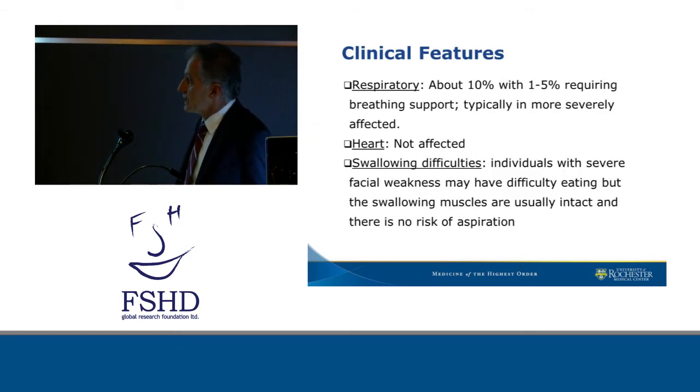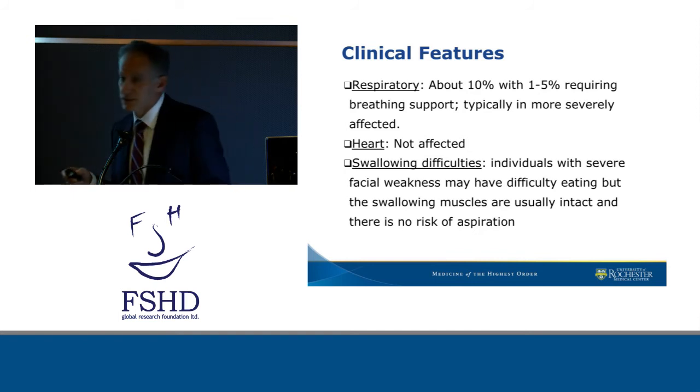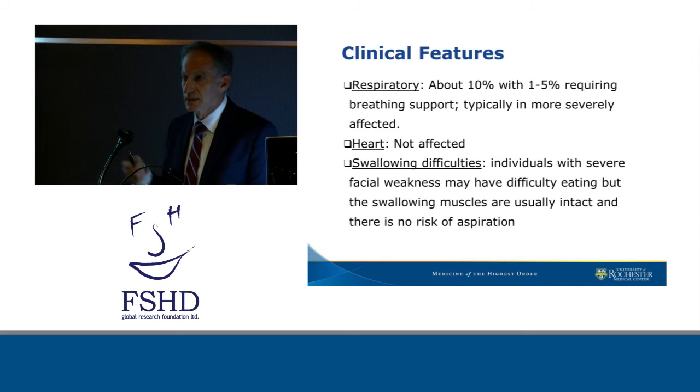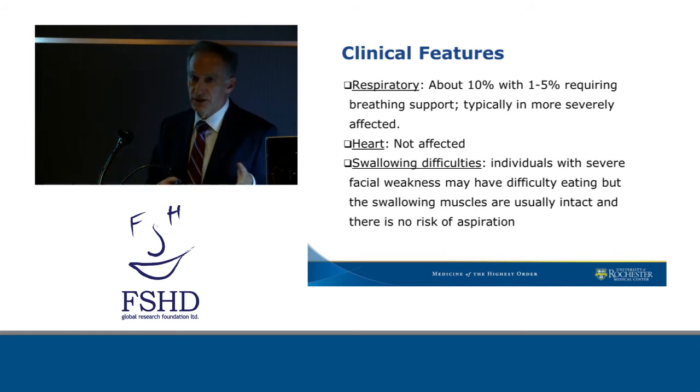We are learning a lot about the complications that happen with FSH, which are important and which are not. A lot of things have been written in the past about involvement of breathing muscles, the heart, and swallowing muscles. And we've started over the last few years to put numbers to those, and also try to figure out who's more susceptible to these side effects so that we can counsel patients, and also, based on that information, generate guidelines.